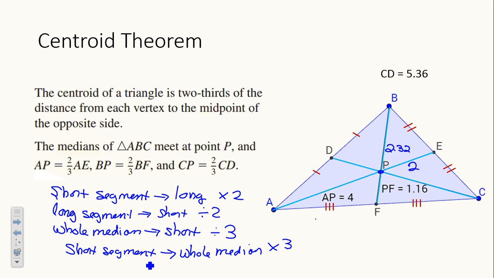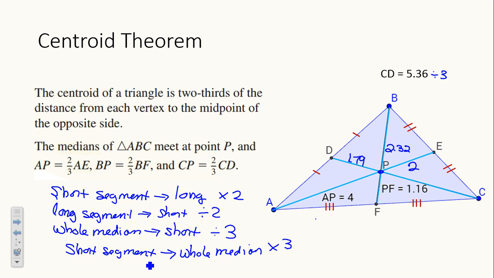If the whole thing is 5.36 and I want to get to the short segment, what did you say, Jaden? Divide by 3. 5.36 divided by 3 gets me something like 1.79. With some rounding.